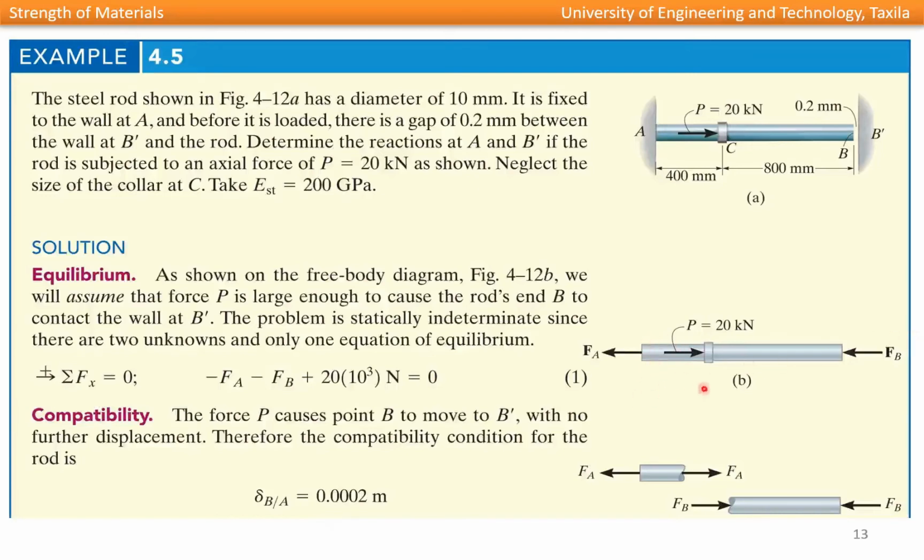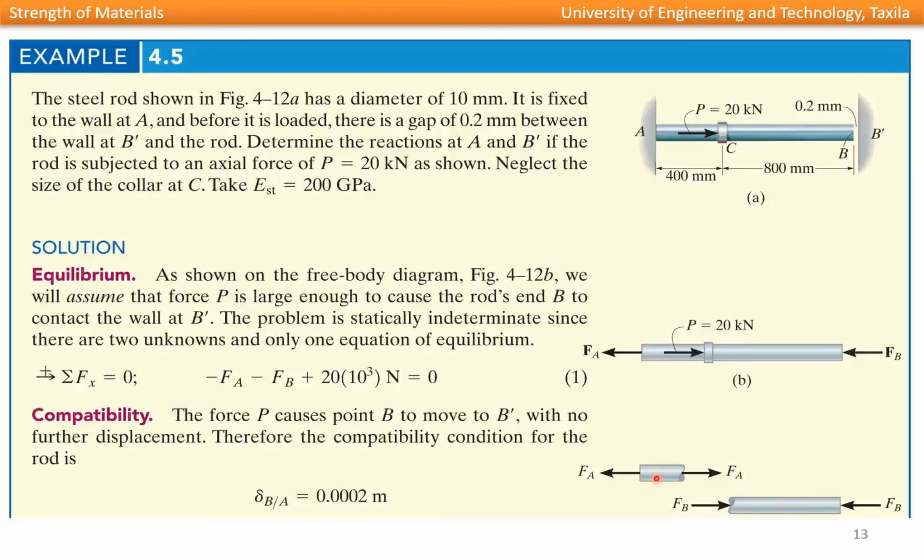This portion of the rod is subjected to tensile forces and this portion of the rod is subjected to compressive forces. So now we can find out this displacement, which is equal to the displacement in this portion plus displacement in this portion.